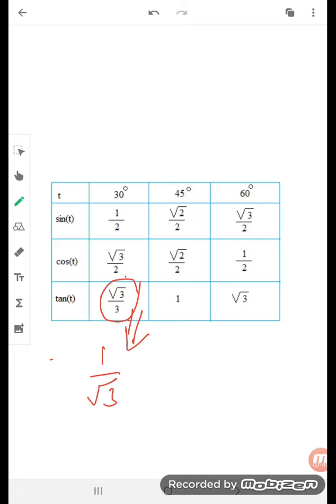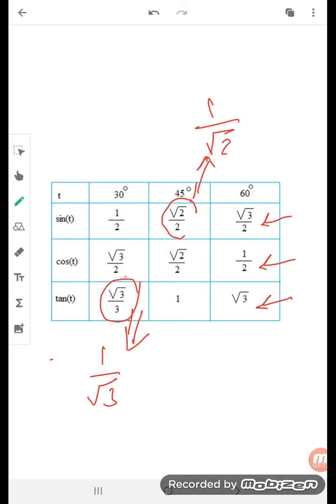Okay, sine 60 equals square root 3 over 2, cosine 60 equals 1 over 2, and the tan 60 equals root 3. Sine 45 equals square root 2 over 2, or the equivalent value 1 over square root 2.